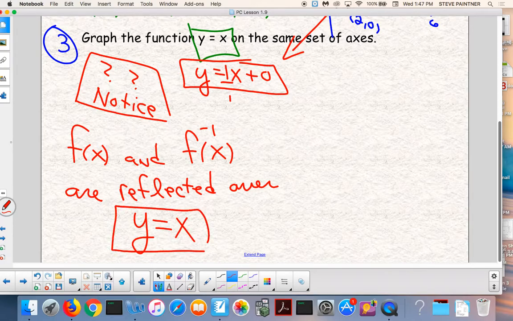Not the x-axis, not the y-axis. It's reflected over y equals x. Every single time. So when you draw these, shouldn't you just be able to look at it and go, oh, look, it's reflected over y equals x. Which basically means if 2 comma 10 is on your function, what's on your inverse? 10 comma 2. Okay.